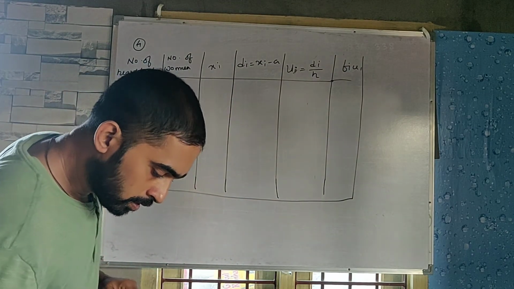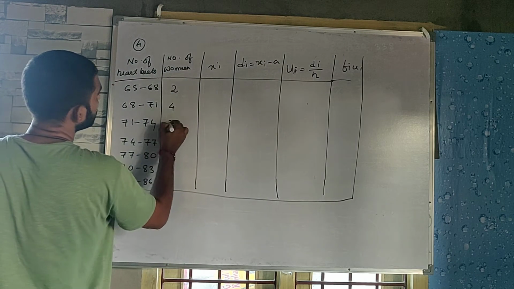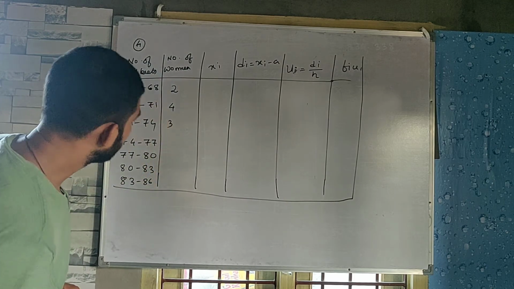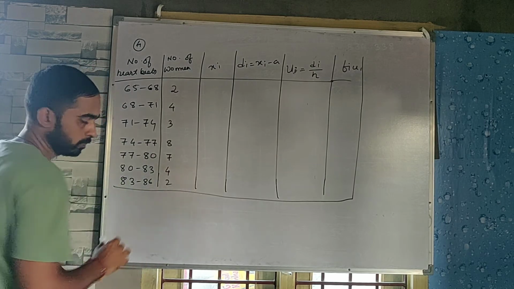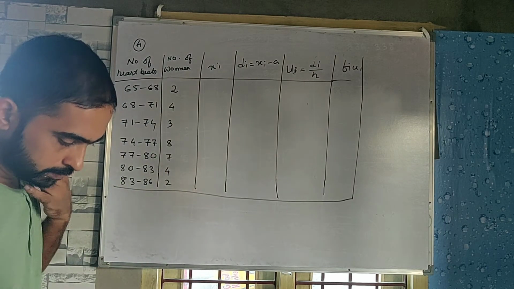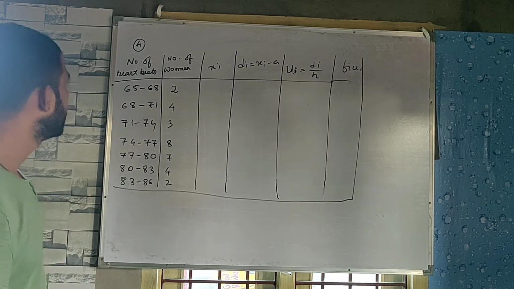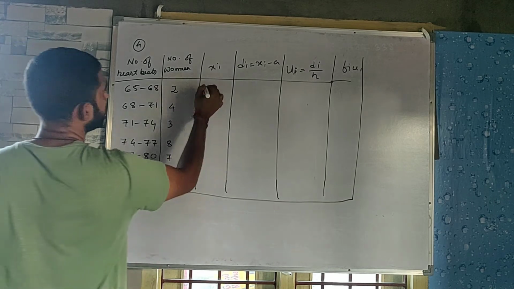Frequencies: 2, 4, 3, 8, 7, 4, 2. Then the class mark: 65 plus 68 equals 133, 133 by 2 equals 66.5.